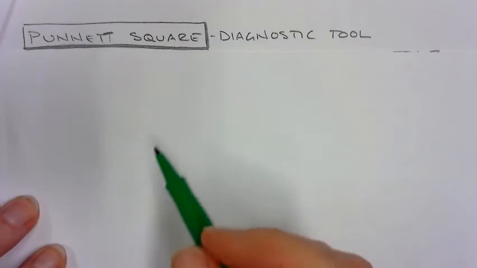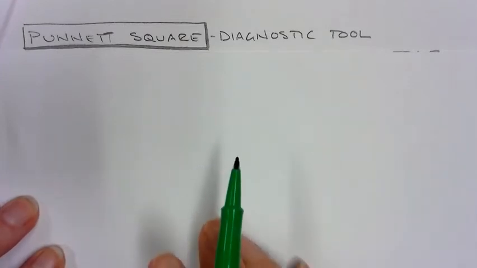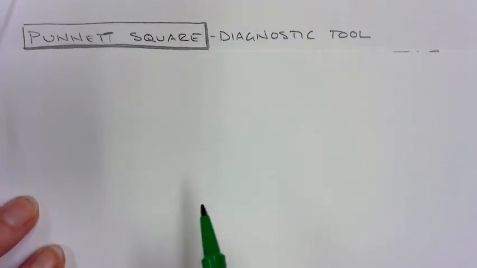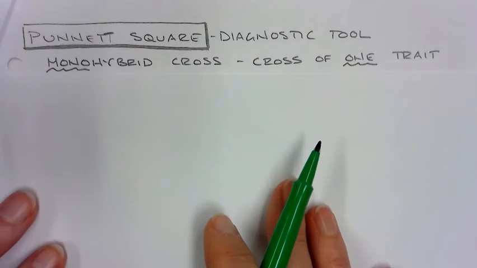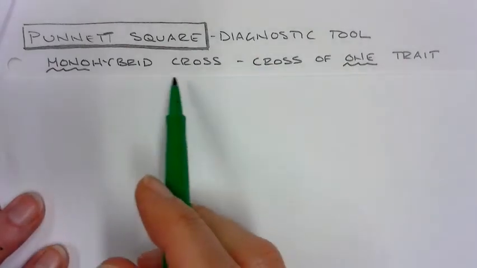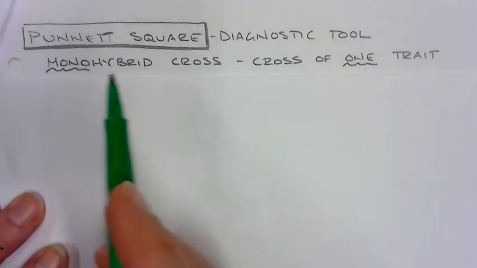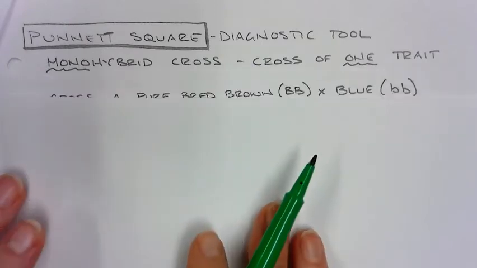A Punnett square is a diagnostic tool that agriculture, pharmacy, anybody who's breeding an organism might use. So for example, we're going to look at a monohybrid cross. Mono means one, so we're going to be looking at one trait.